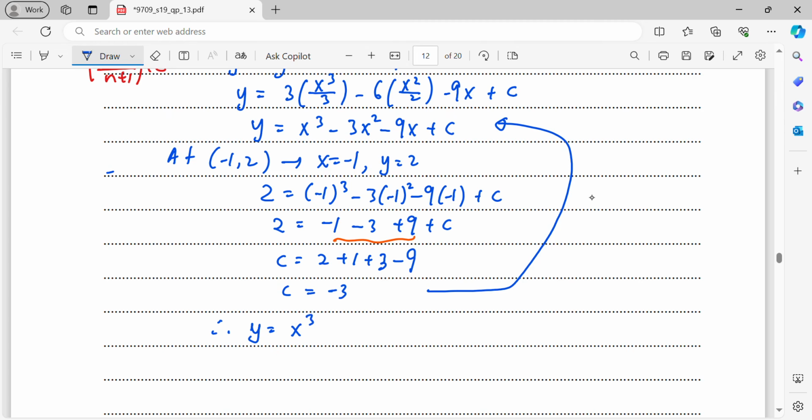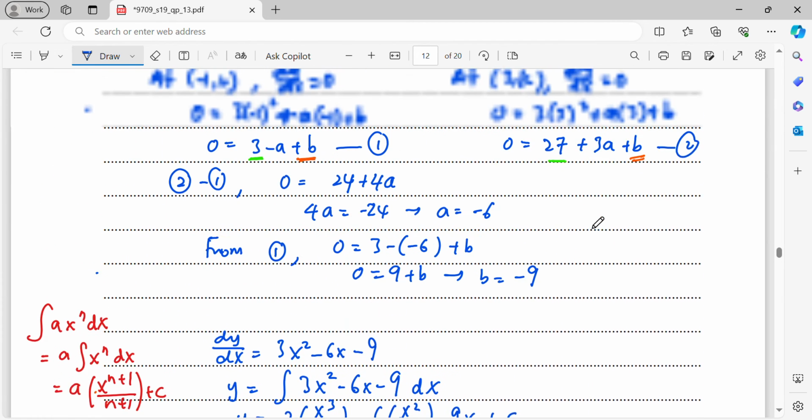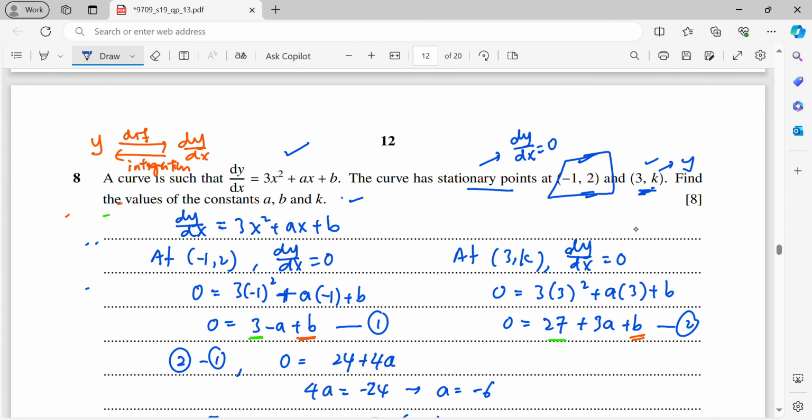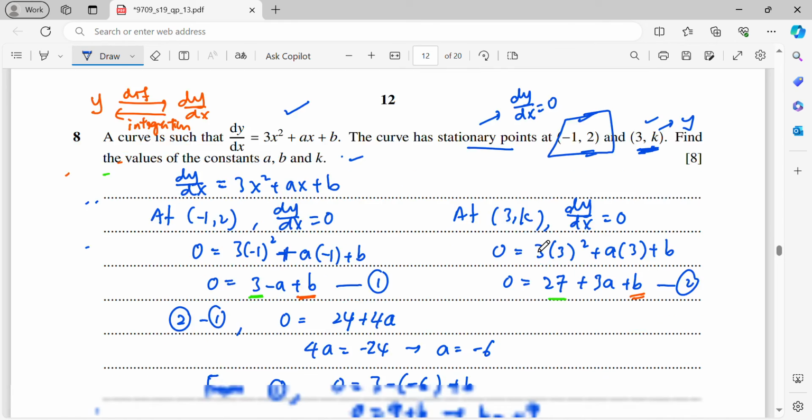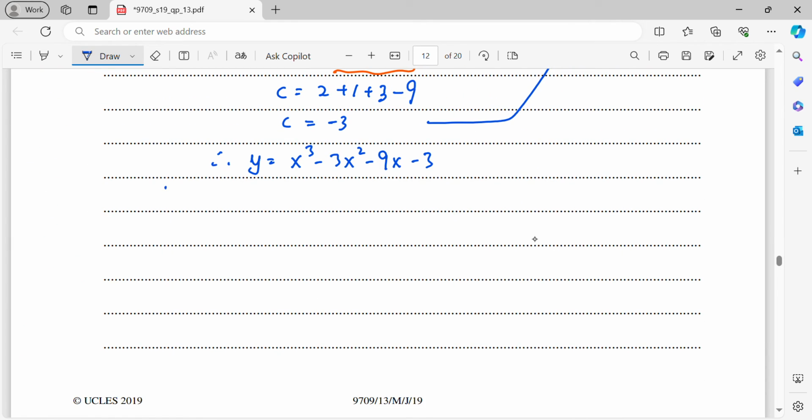Hence for my y, I will just substitute this into my y expression. That is x cubed minus 3x squared minus 9x minus 3. And now don't forget, we need to find our k. So substitute this point, (3, k). At (3, k) means that your x is 3, your y is k.